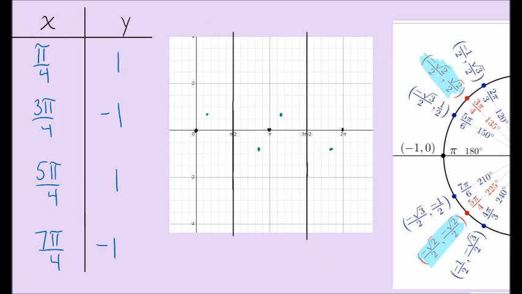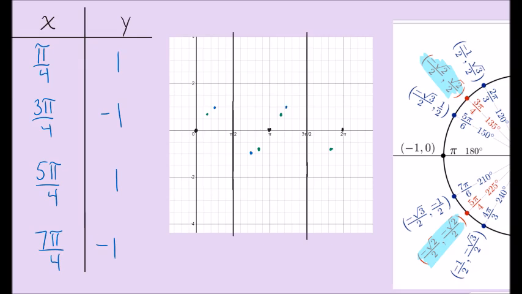Graphing pi over 4 will be a little easier. Pi over 4 will be right in between these two, so that would put that at 1. And then let's not forget 3 pi over 4, so that's going to be in between pi halves and pi, so that would be 3 pi over 4, -1, so that would be down here. And then 5 pi over 4, that's going to be in between, let's see, a little bit closer here, so 5 pi over 4 would be right about here.